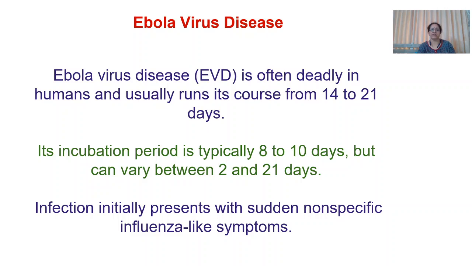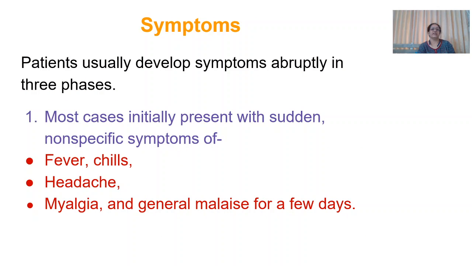That is the incubation period, but it can vary between 2 and 21 days. Infection initially presents with sudden non-specific influenza-like symptoms, and the patient usually develops symptoms abruptly in 3 phases.